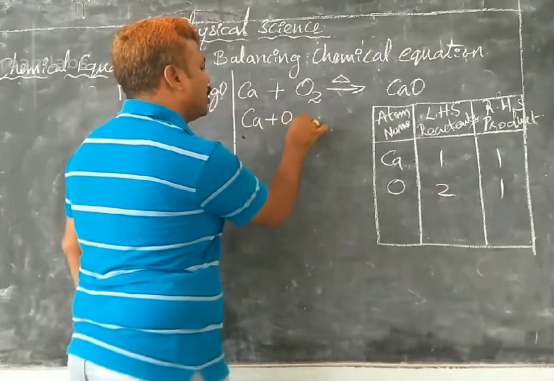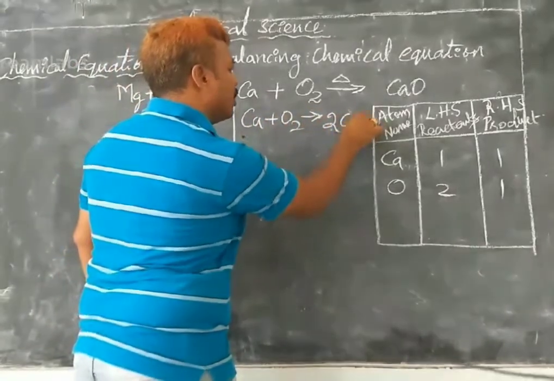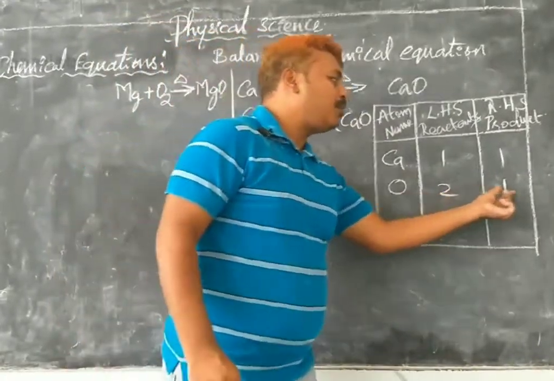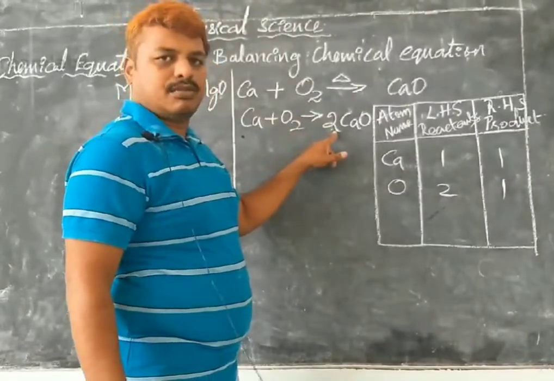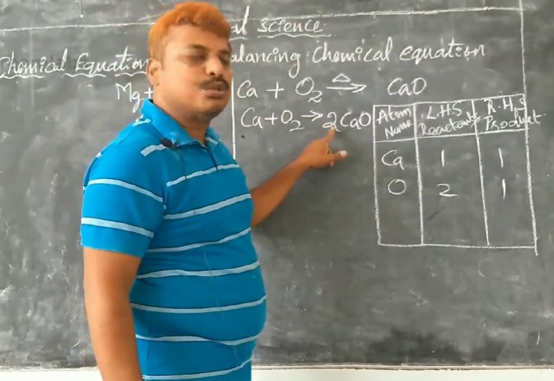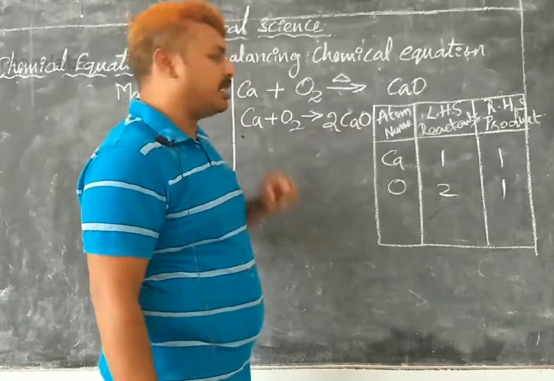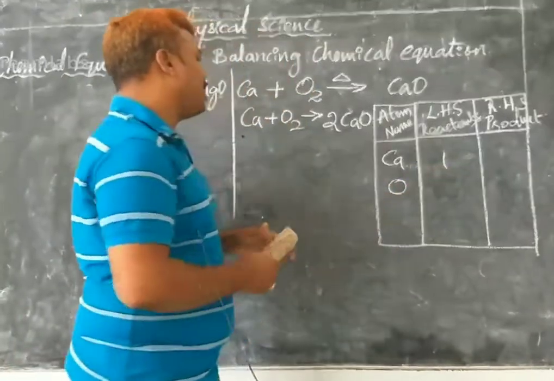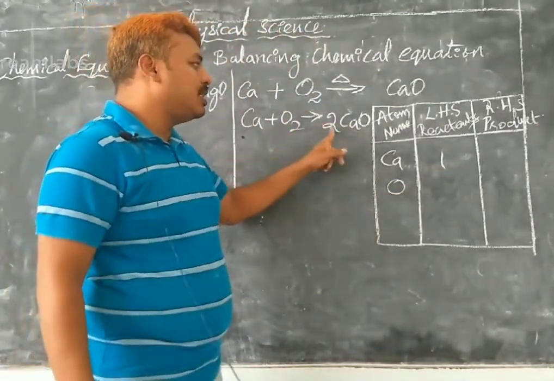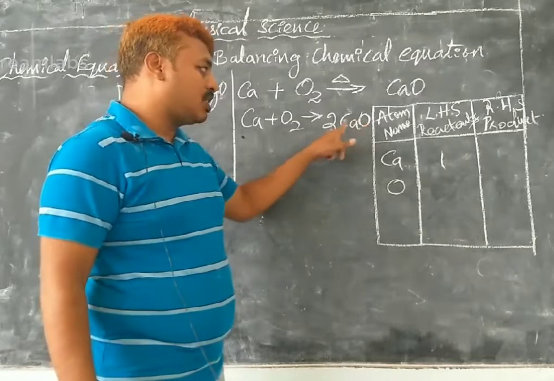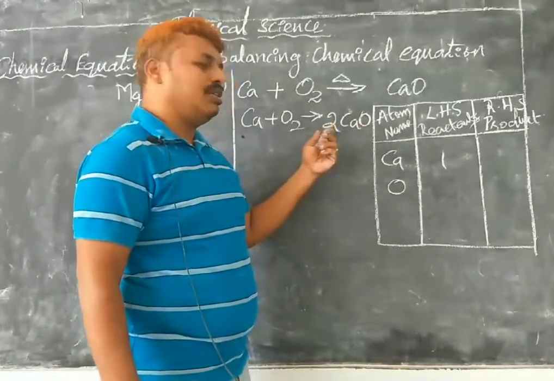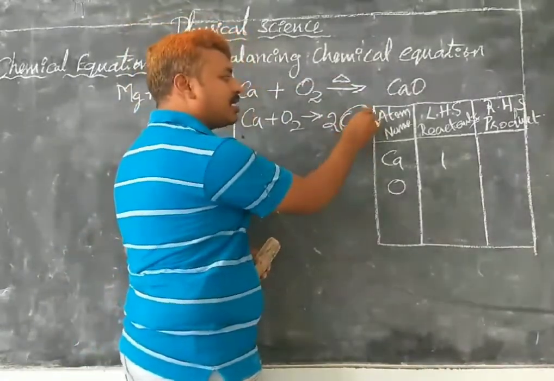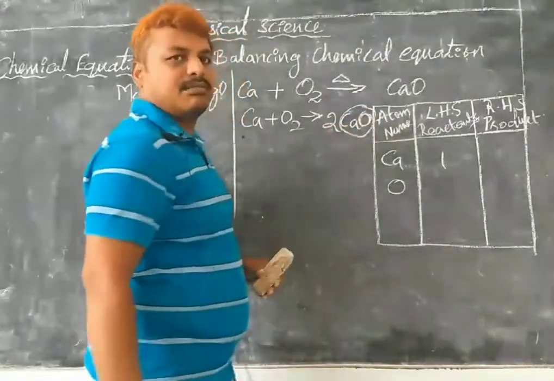Ca plus O2 gives rise to 2CaO. Because I have 2 oxygens on the left hand side, I will put 2 on the right hand side also. To make the right hand side also 2, I put 2 in front of CaO. This 2 is in front of the total molecule, so whatever atoms are there in this molecule, the 2 belongs to those atoms.